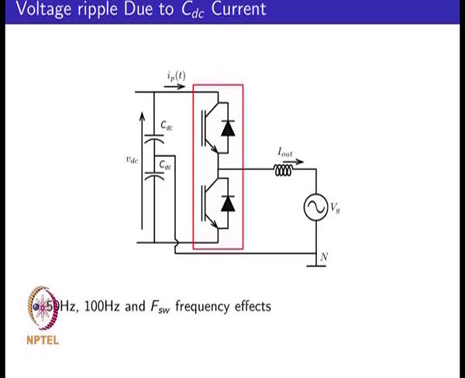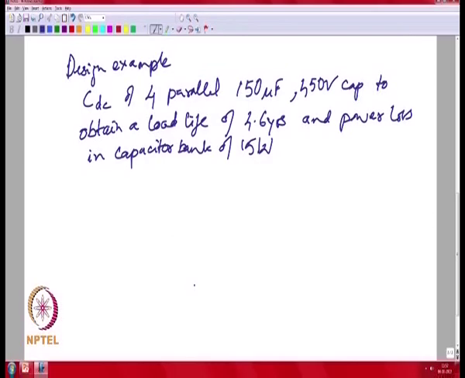To look at these individual components, our CDC is 4 into 150 microfarad, which is 600 microfarads.